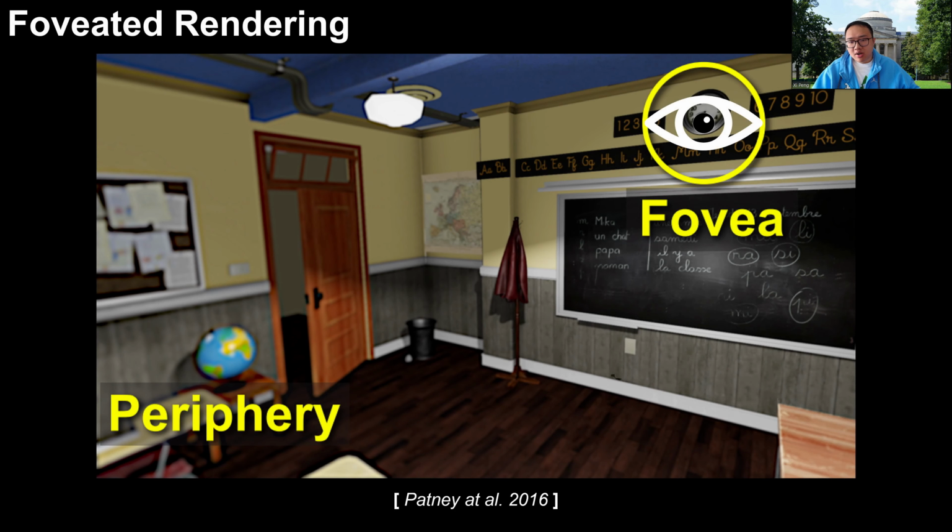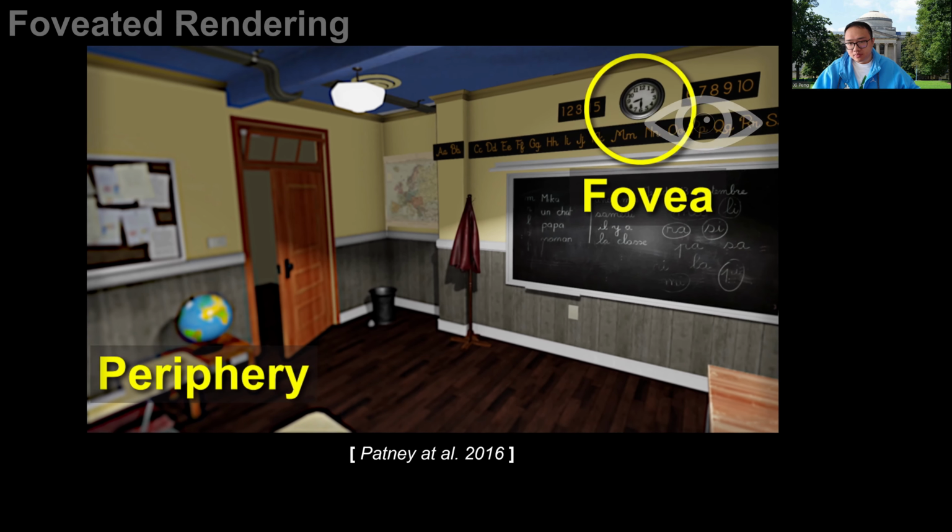This phenomenon in our human visual system inspired foveated rendering, a key technology in advancing VR experiences by balancing high visual quality with efficient resource usage. It leads to more immersive and more responsive virtual environments.